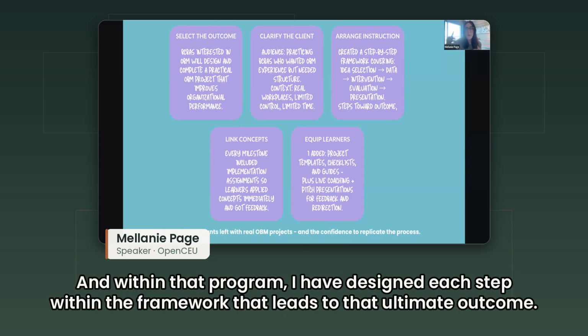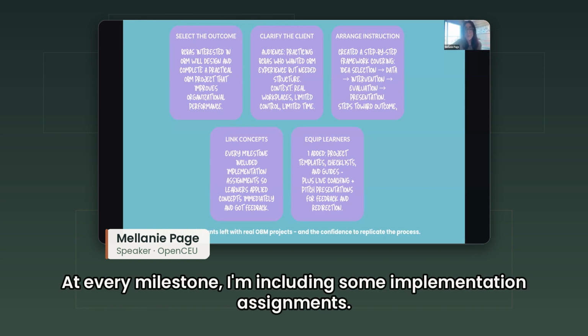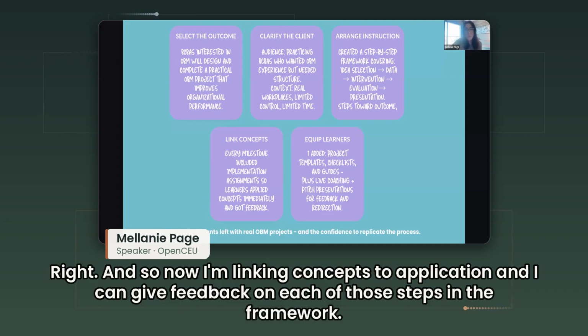And within that program, I have designed each step within the framework that leads to that ultimate outcome. At every milestone, I'm including some implementation assignments. So as people create their OBM project, they're coming back, sharing that milestone or step, and I'm giving feedback, right? And so now I'm linking concepts to application, and I can give feedback on each of those steps in the framework.